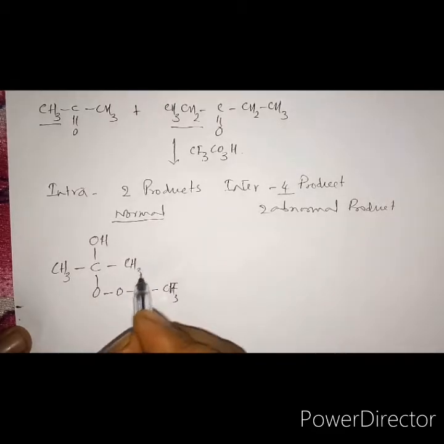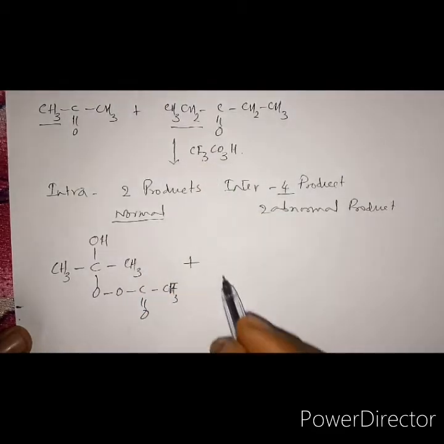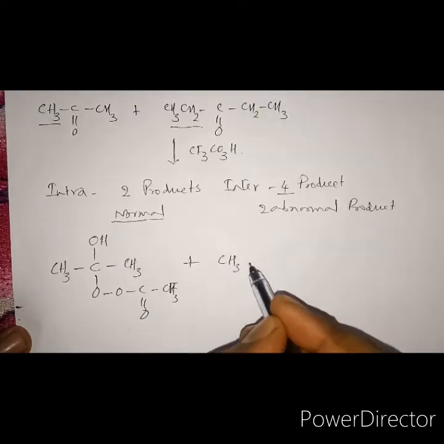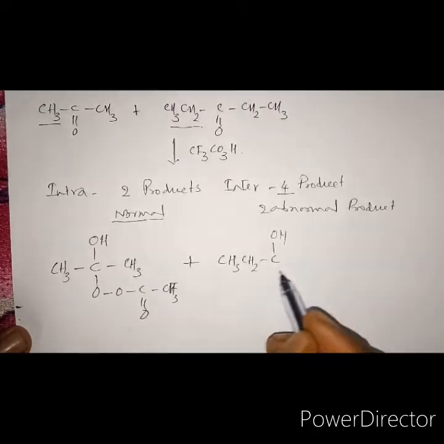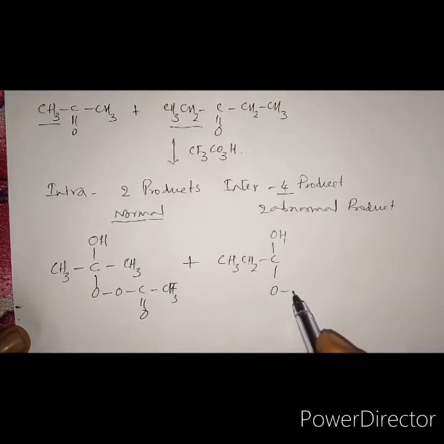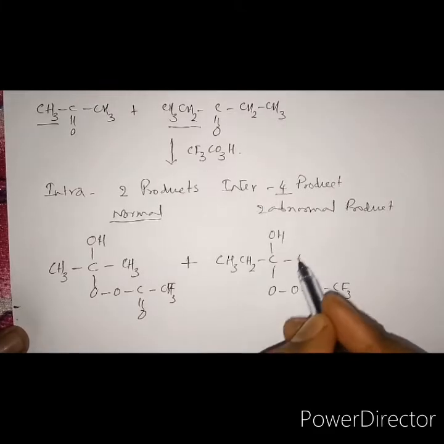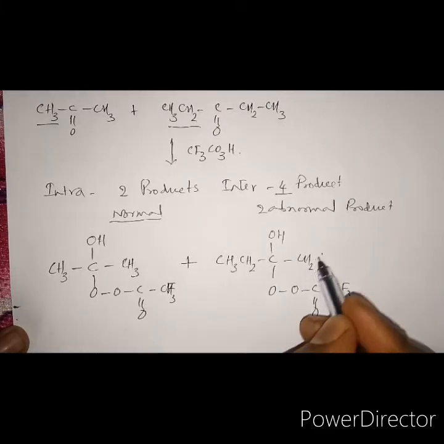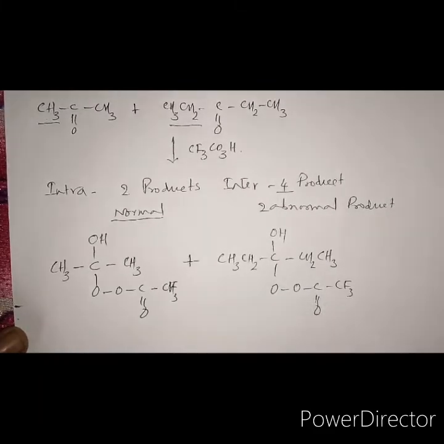Here we have CH3 plus the other one, CH3CH2, COH, OOCO, CF3. Here we have CH2CH3.